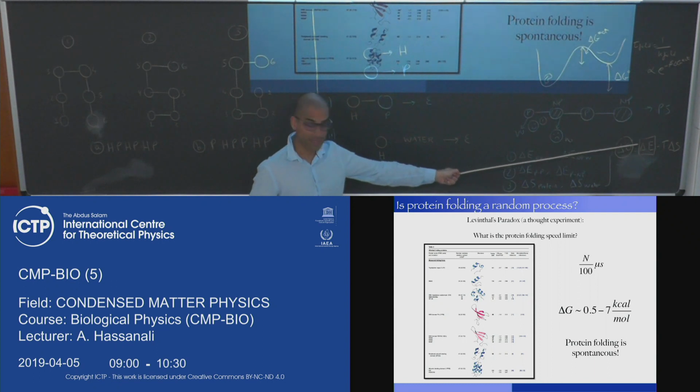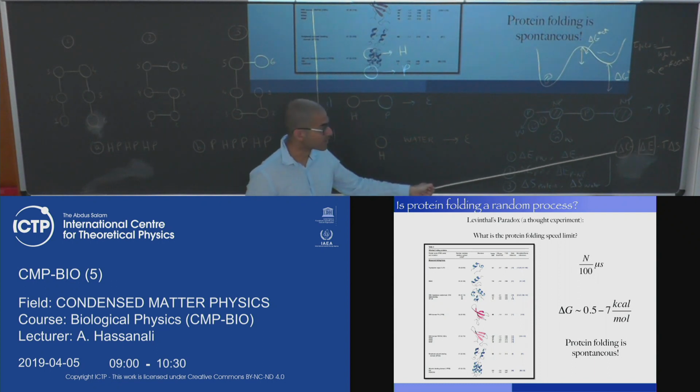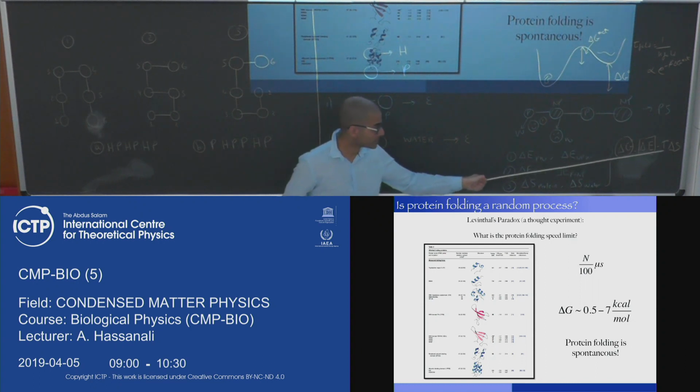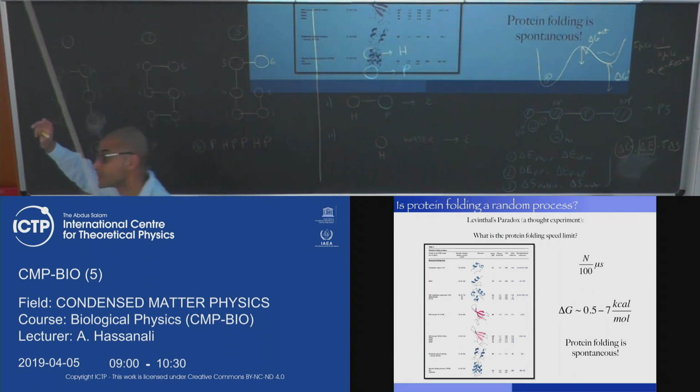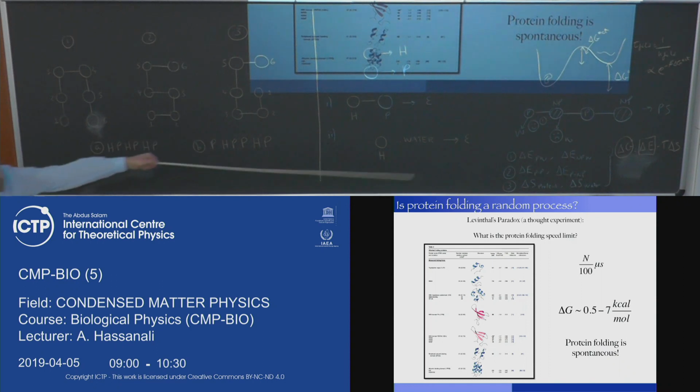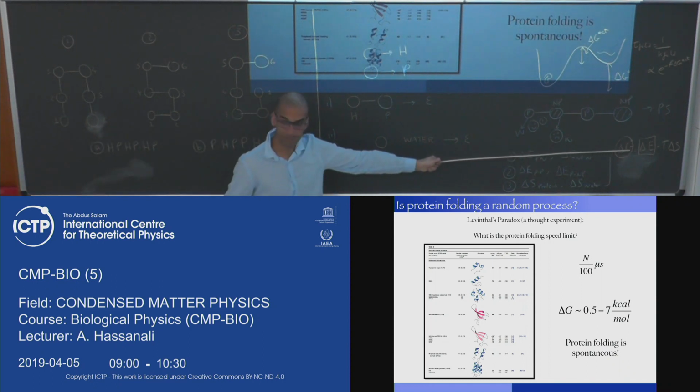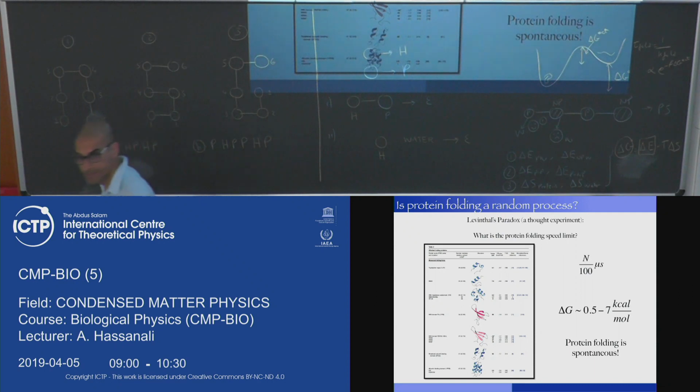So if this is several hundred kBT, but this is tens of kBT, this is telling you that these two changes are very large values that compensate each other to give a small number. So that's the argument.